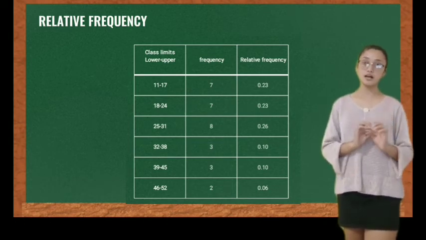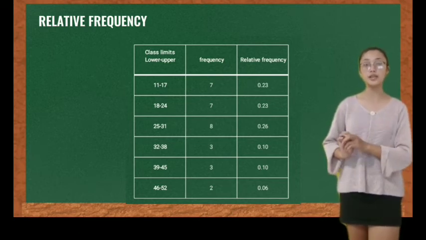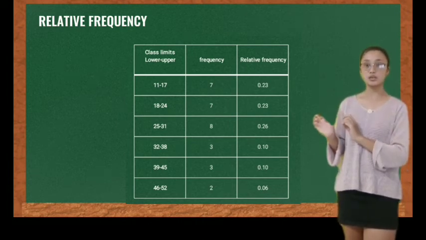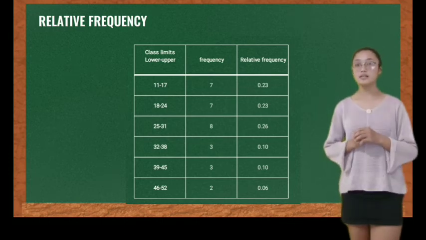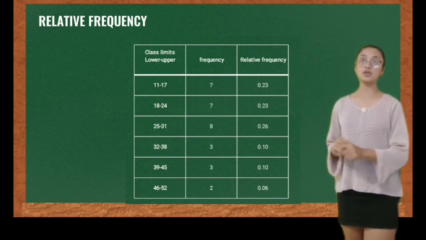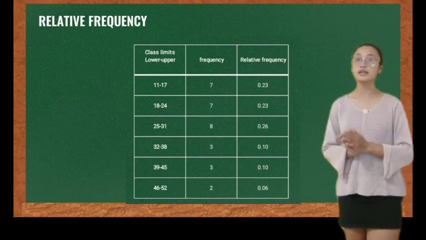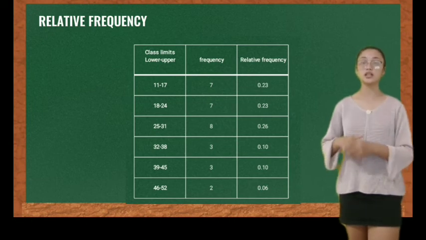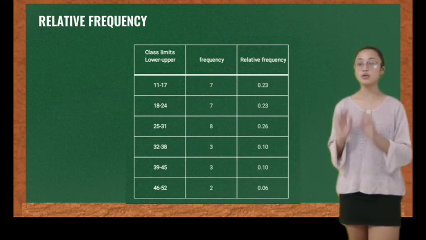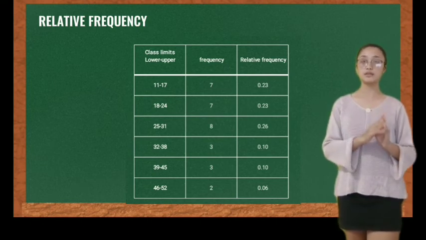The next class also has a frequency of 7, so it also has 23% of students that got a score in the range of 18 to 24. And the third class has 26% of students who got a score in the range of 25 to 31. So generally, 23% of students got a score from 11 to 17, and also 23% of students got a score from 18 to 24.